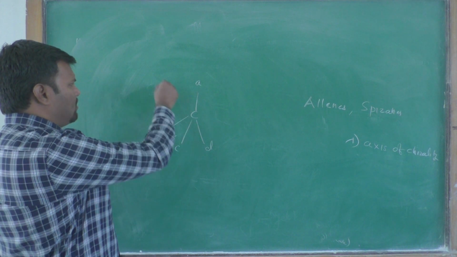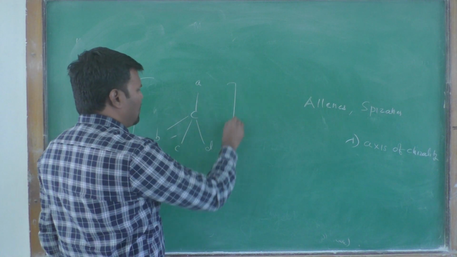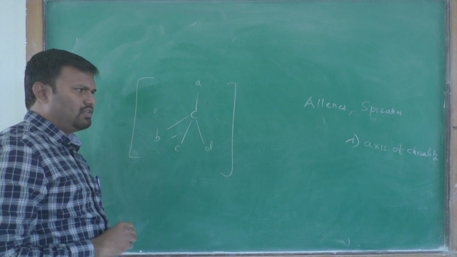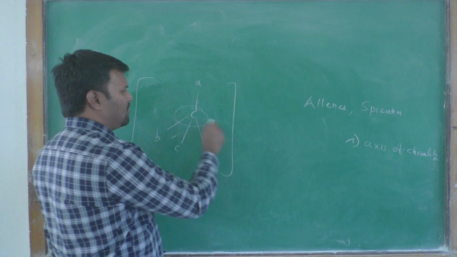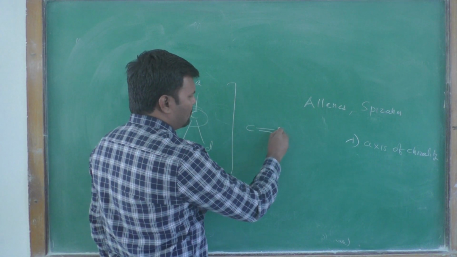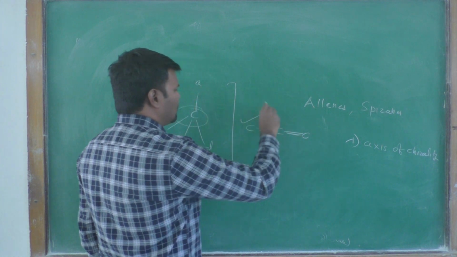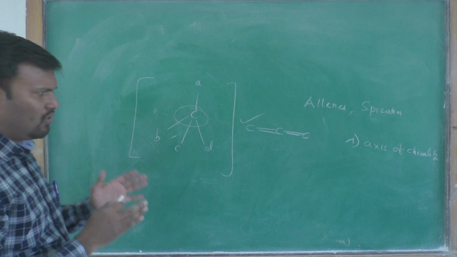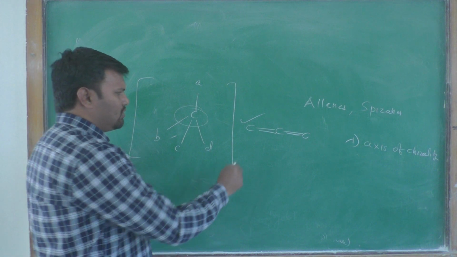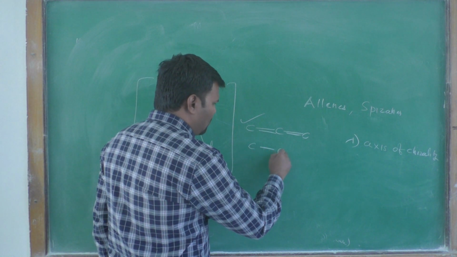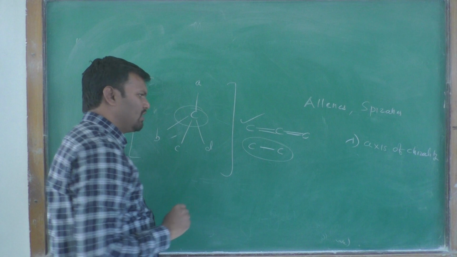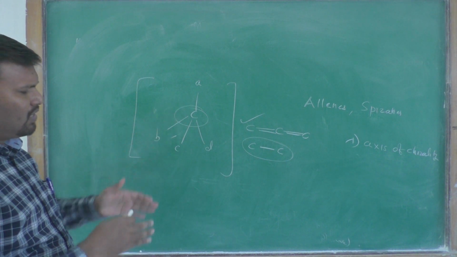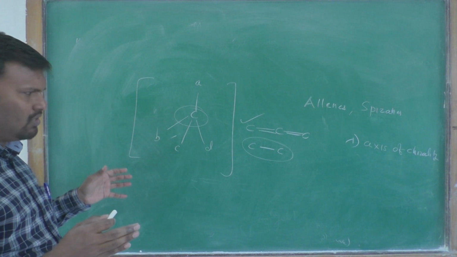We have such a chiral carbon, a stereogenic carbon, and when we replace this carbon with such a group or with a C single bond C group, then elongation of the tetrahedral carbon takes place.